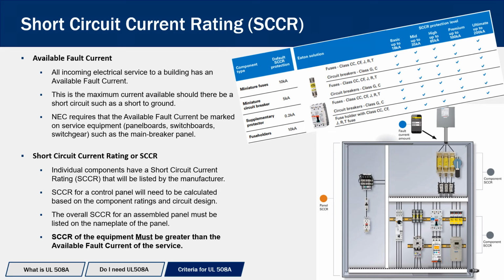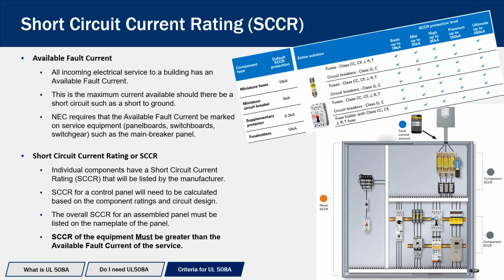And then that overall SCCR needs to be listed on the nameplate. So much like the NEC requires it to be listed on the breaker panels, we need to list that on the nameplate of the control panel. Then the SCCR of that equipment has to be greater than the available fault current of the service.